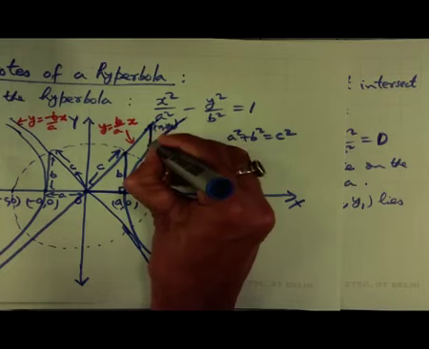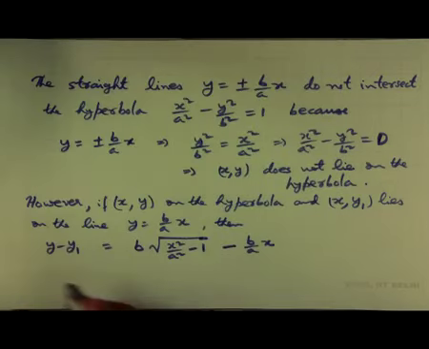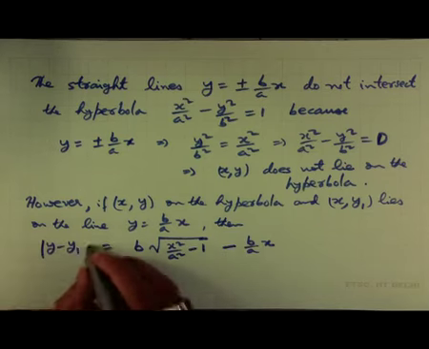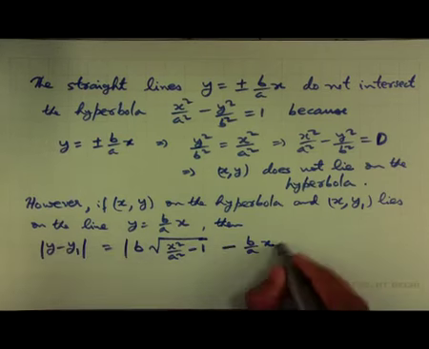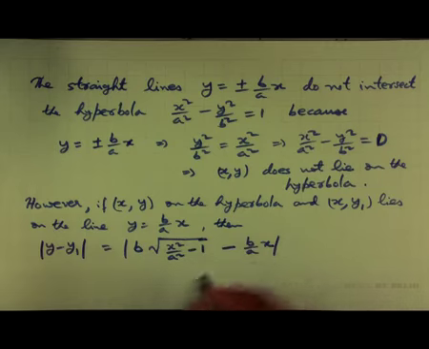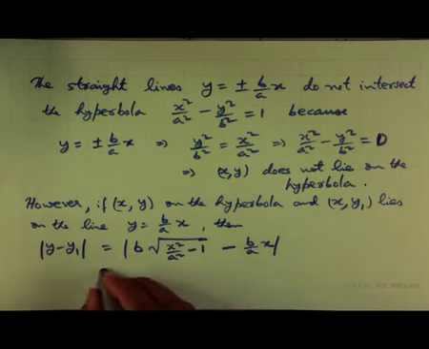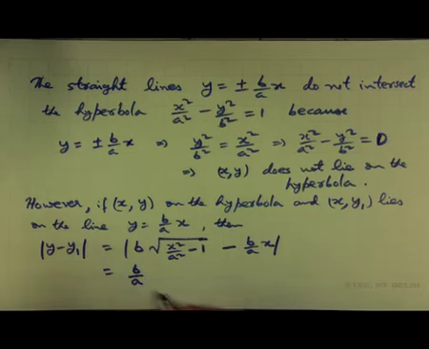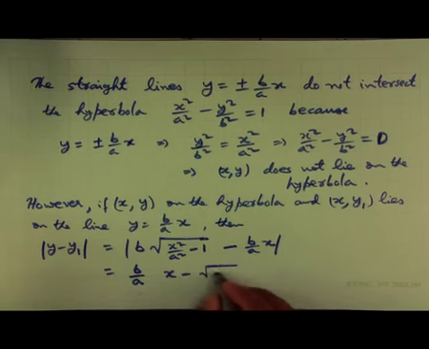So, this difference in the y coordinate is actually y 1 minus y. So, let me take mod of this, which is equal to b by a, and then we have x minus square root of x square minus a square.